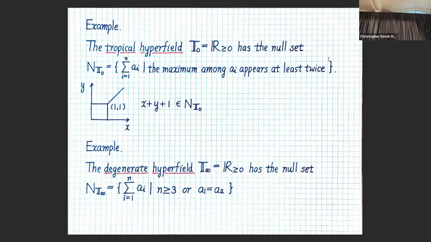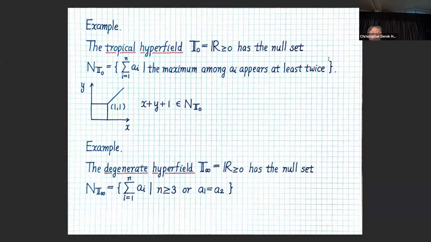If you take the limit of T_p, I asserted yesterday that as p goes to 0 the limit is the tropical hyperfield, where the sum of a_i is null if and only if the maximum among the a_i appears at least twice. For example, if you look at the condition x + y + 1 = 0, you see the familiar picture of the tropical line like that.